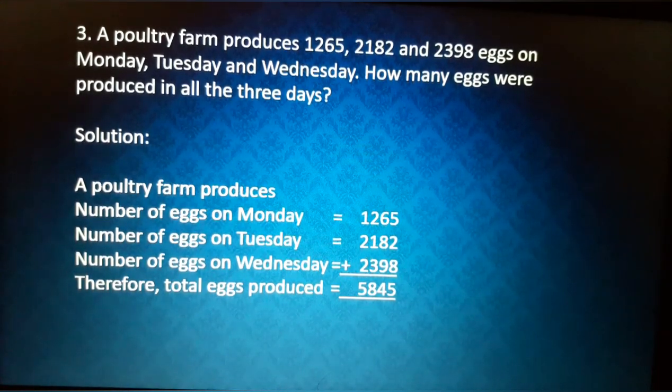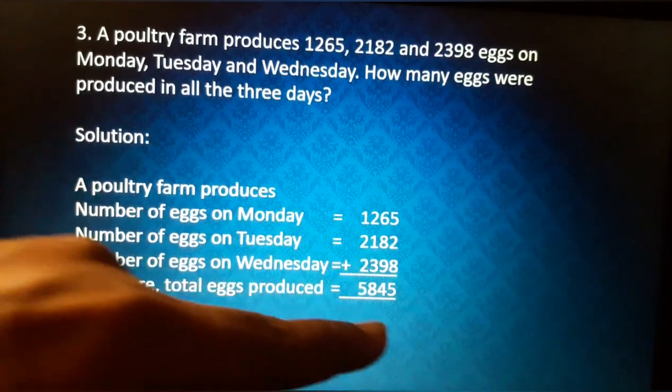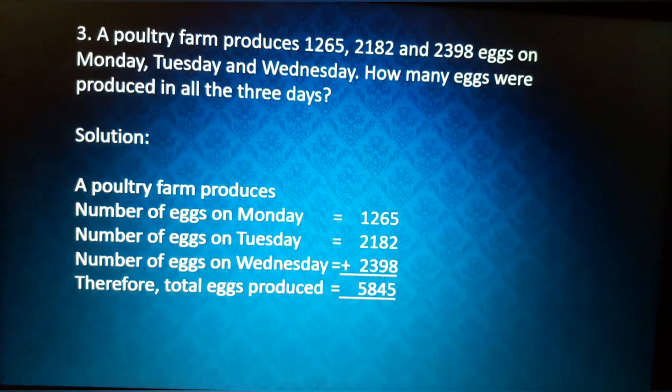So 15 plus 5 becomes 20, 20 plus 4 becomes 24, 4 carry 2, 2 plus 2 is 4, 4 plus 1 is 5, 5 plus 3 is 8, 8 is there, 1 plus 2 is 3, 3 plus 2 is 5. So 5845 total eggs were produced.